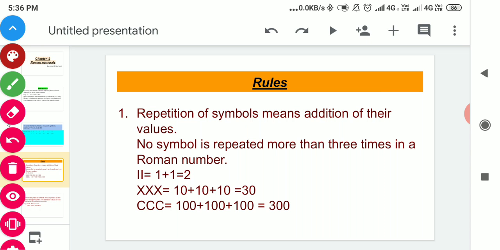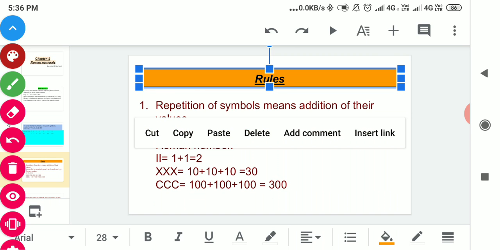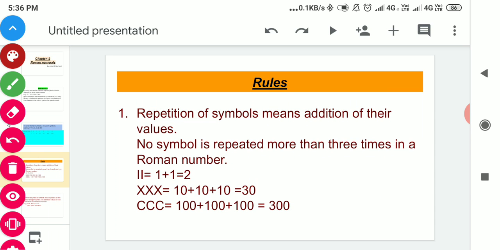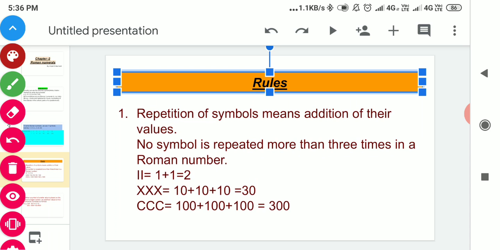I denotes 1, and because here 2 times I is given, so 1 plus 1 is equal to 2. Next is X. Here X is repeated 3 times, so according to this rule number 1, we will add this X 3 times.